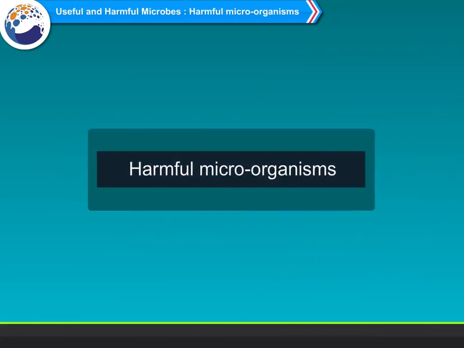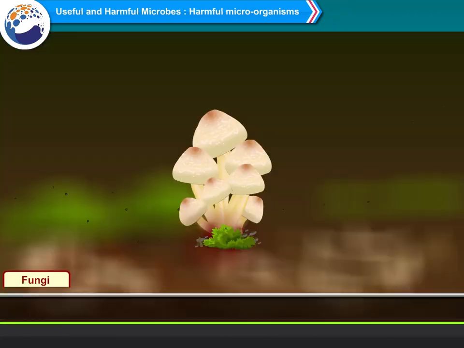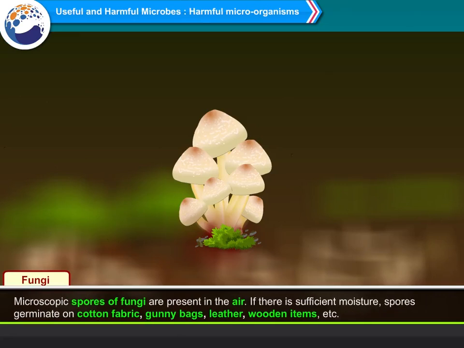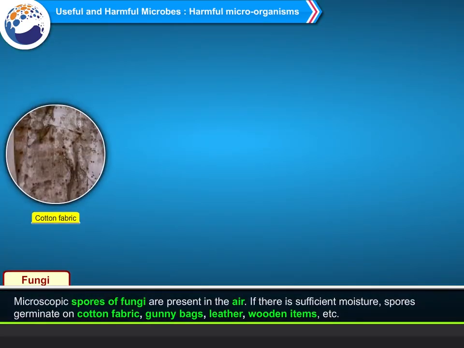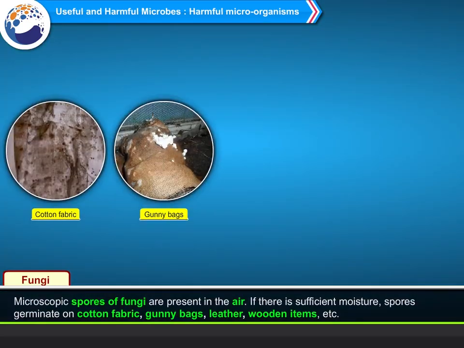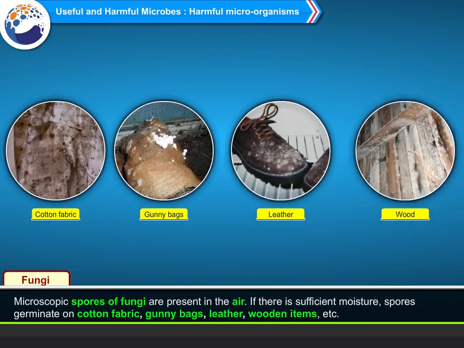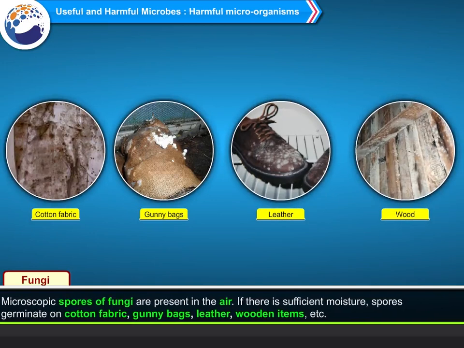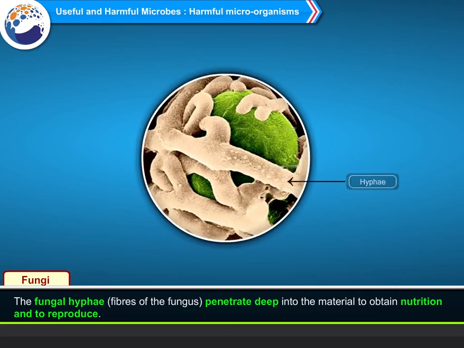Harmful microorganisms. Fungi. Microscopic spores of fungi are present in the air. If there is sufficient moisture, spores germinate on cotton fabric, gunny bags, leather, wooden items, etc. The fungal hyphae, fibers of the fungus, penetrate deep into the material to obtain nutrition and to reproduce.